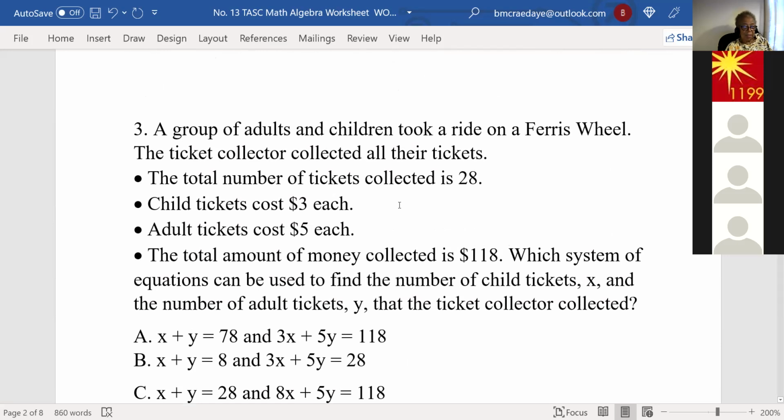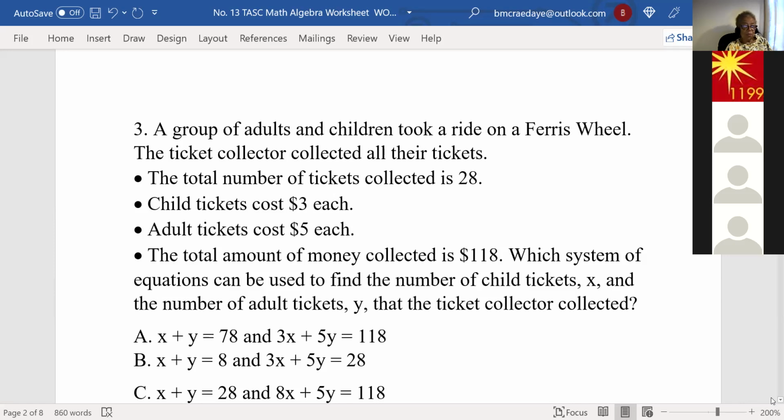Cost of the child tickets, cost of the adult tickets. Total amount of money collected is 118. The child's tickets we call X, the adult tickets we call Y, and you know the cost of the tickets. So the amount you make from the child's tickets is going to be $3 times X, the number of tickets sold for the children. And the adult tickets is going to be $5 times Y, the number of tickets sold for the adults.